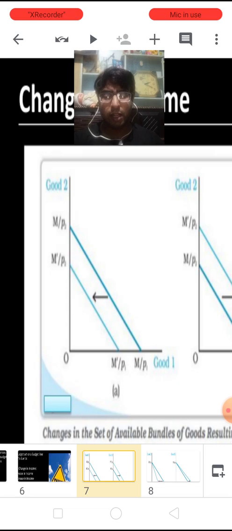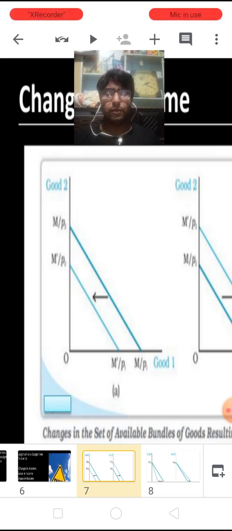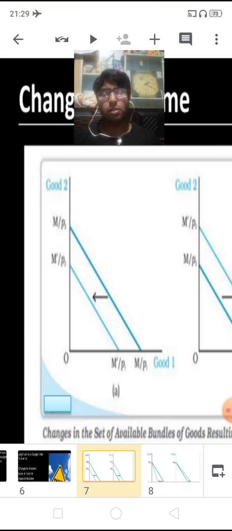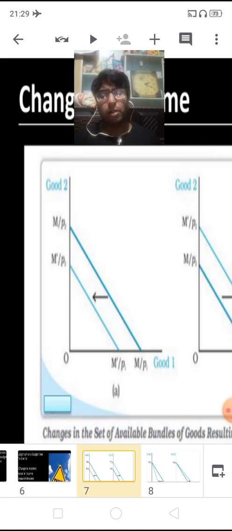In diagram A you just see, initially the budget line is represented with m upon p1 and m upon p2. And if the money income of the consumer reduces, like if previously he had 100 rupees and now suppose he has only 60 rupees, now with this reduction in the money income he can avail less of both the commodities, isn't it?